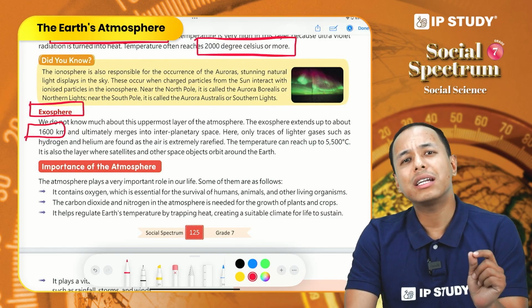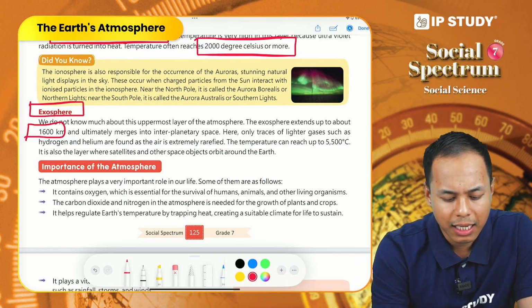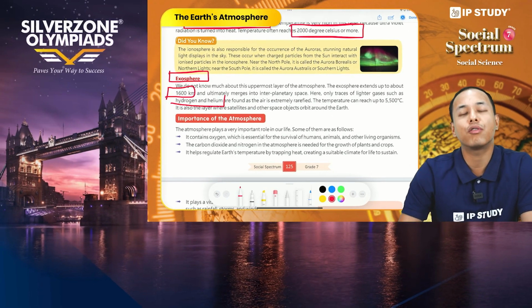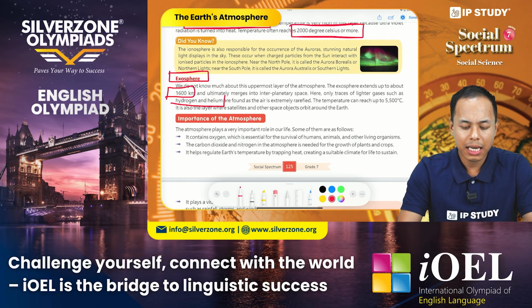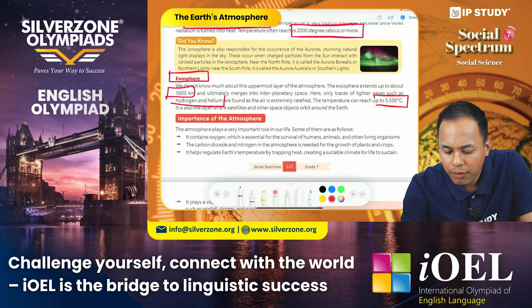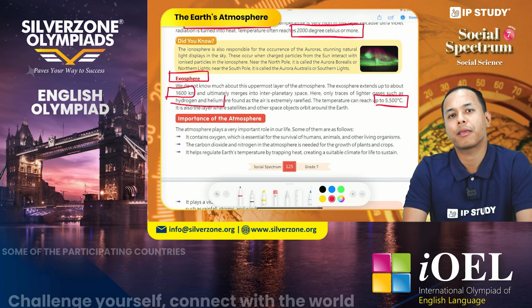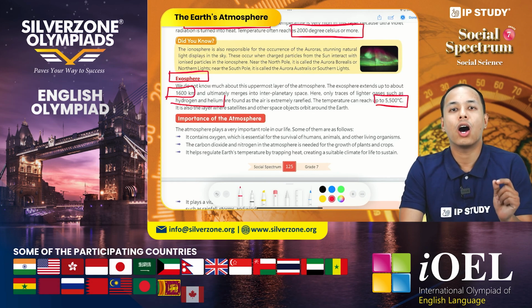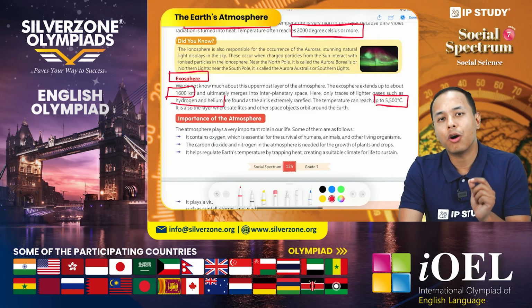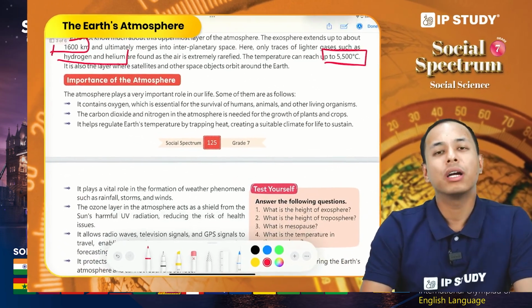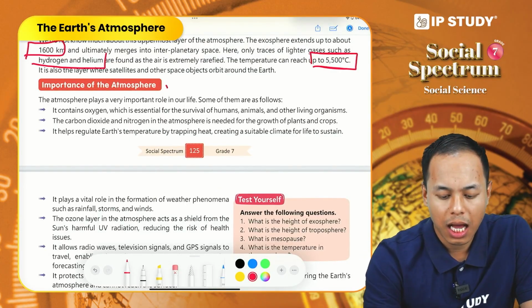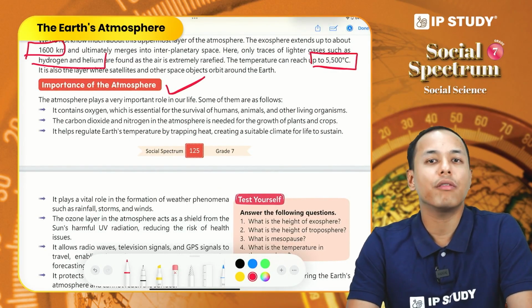Only traces of lighter gases like hydrogen and helium are found in this layer, and the temperature can reach up to 5500 degrees Celsius. It is in this layer that our satellites and other objects orbit the Earth.